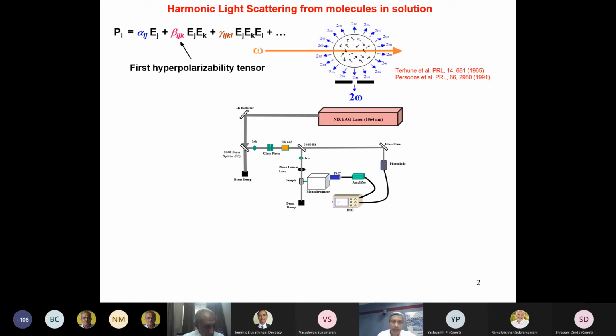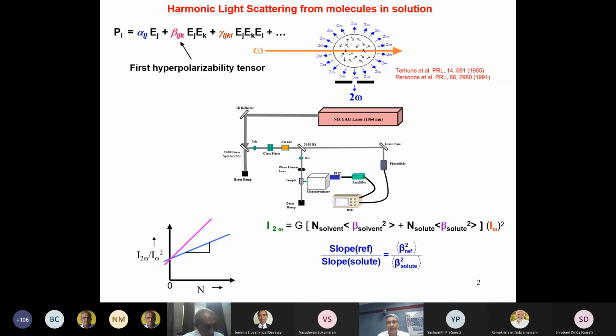But the intensity of that light is related to the second order polarizability, which is beta, as you can see in this particular slide, where this beta solute is the second order polarizability of a molecule that you are going to measure. And this expression has a linear relationship with respect to the number of solutes that you use in solution.